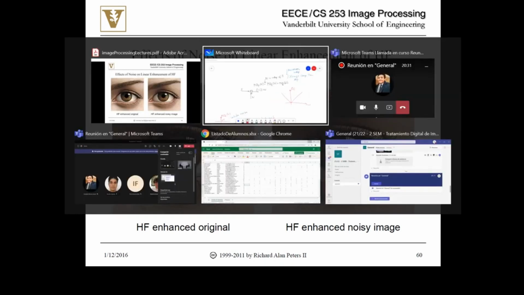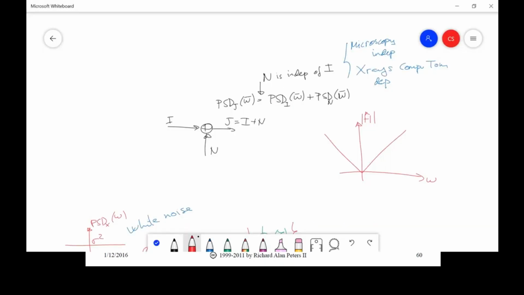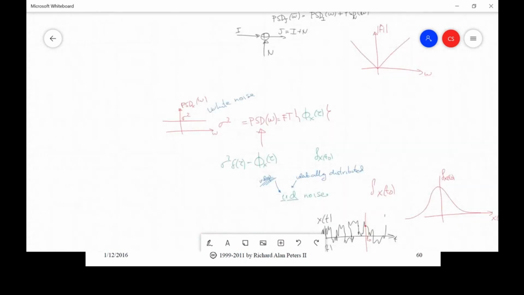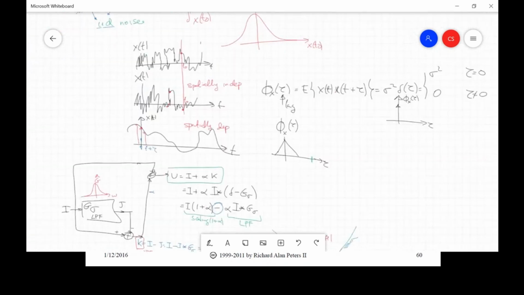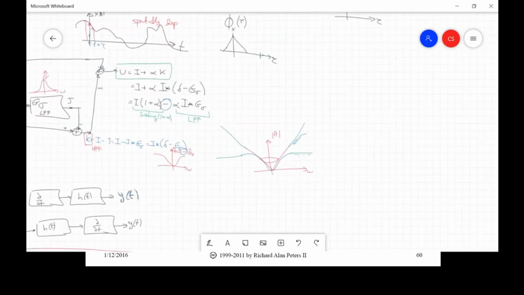And that is why this kernel that we had before, let me look for it. I don't know where it is. Somewhere here. There. It's the unsharp masking that we have with the Gaussian kernel.